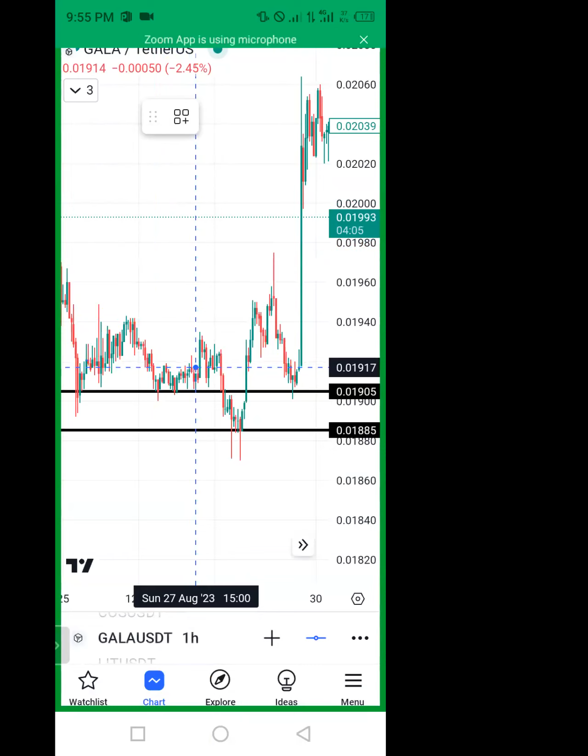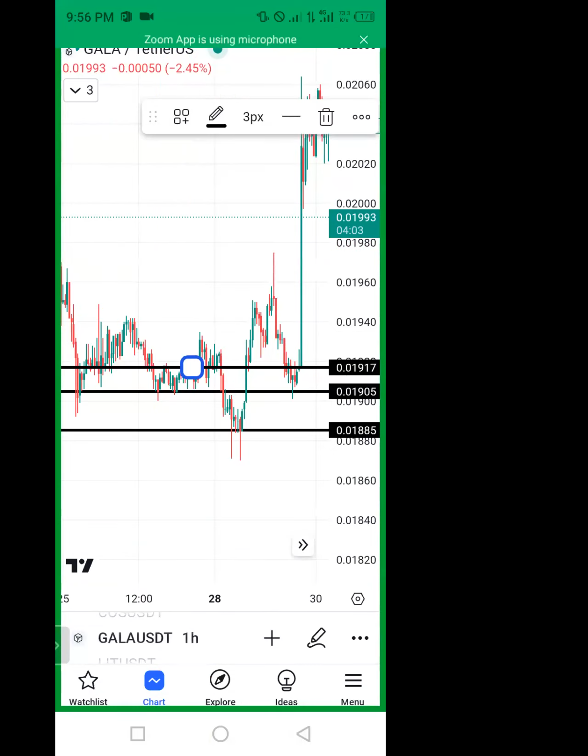So when you learn how to draw these lines, they are going to help you identify different markets. Remember, yesterday we looked at types of markets. We saw the uptrend, downtrend, and ranging market.